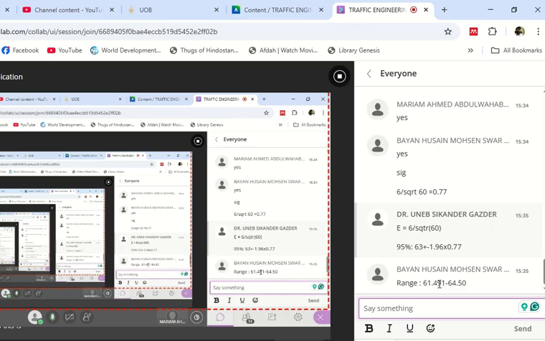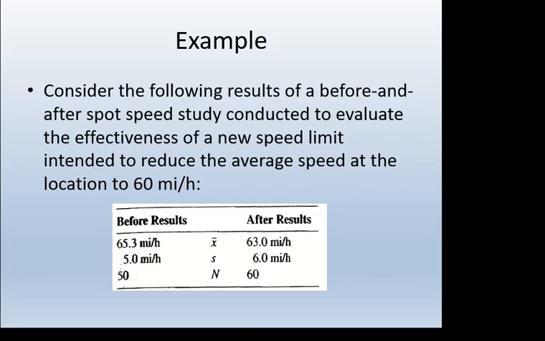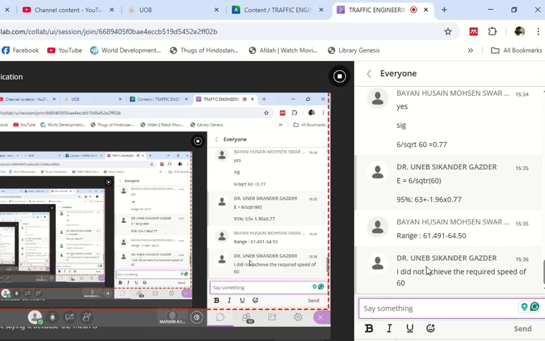Even if I take 95% of the center of the data, I'm still not getting 60 in the range. So after calculating the range, I can say that I did not achieve the required speed of 60. I'm not saying it because the mean is not 60. I'm saying it because when I calculated the 95% range of the entire data, it still did not give me 60. So I'm not basing my decision on a sample, I'm basing my decision on the 95% of the whole population.